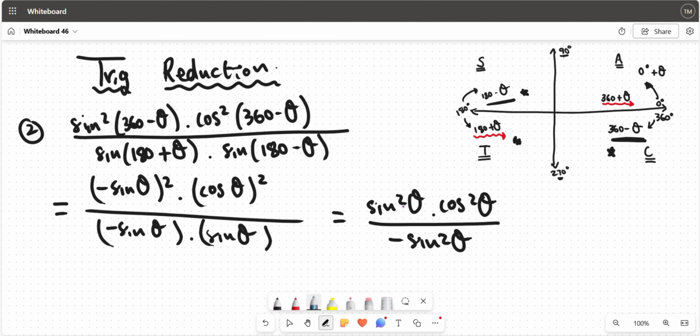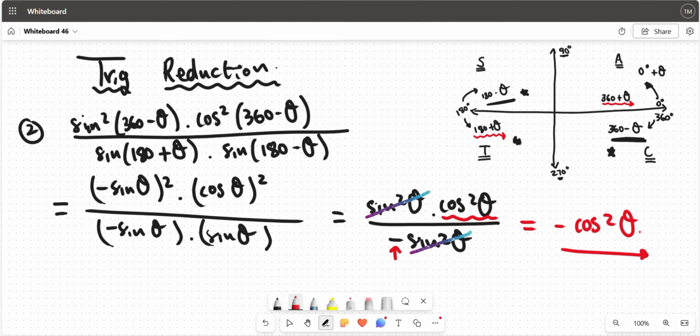Then at this point, the sine squared and the sine squared thetas are going to cancel, leaving me with just the negative and the cos squared. So my final answer is a negative cos squared theta. And there we go. So at this point, I think you should be seeing how reduction works.